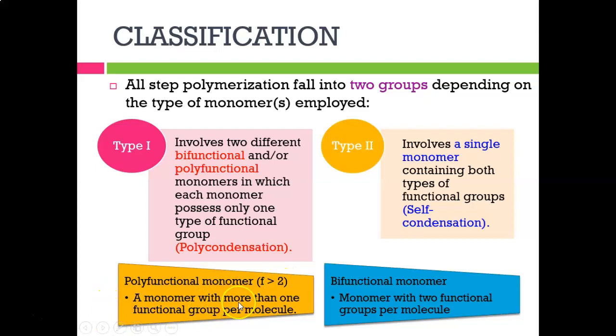So polyfunctional is a monomer with more than two functional groups per molecule. Type 2 involves a single monomer containing both types of functional group. We call it self-condensation. Bifunctional means a monomer with two functional groups per molecule.